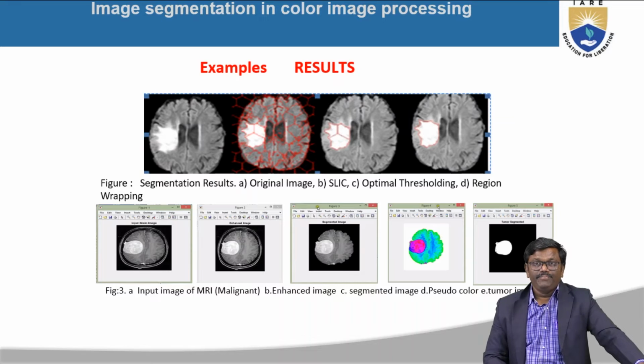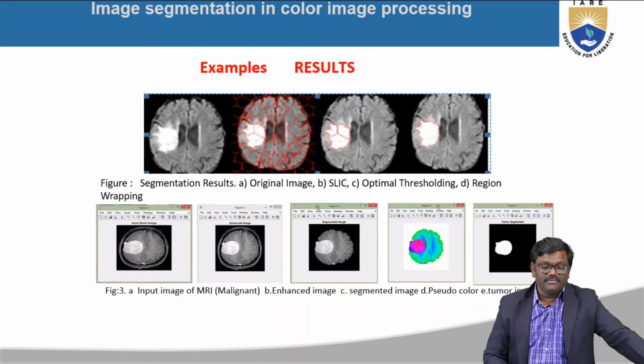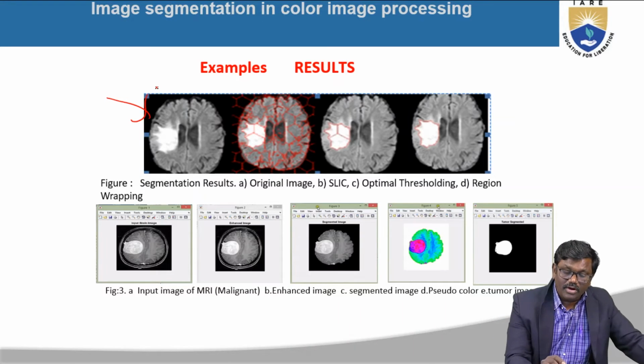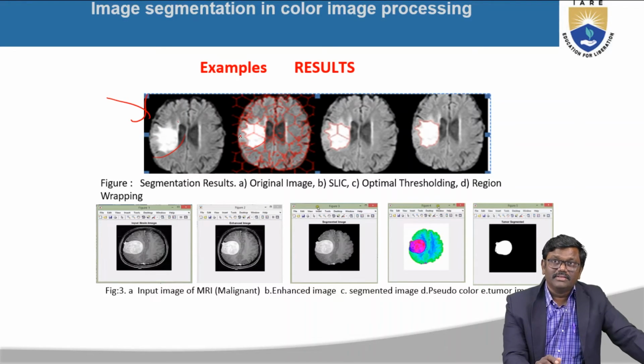So if you are using segmentation, how is that segmentation applied? Here it is a brain tumor image. We are taking an MRI image, and you are concentrating on the tumor part. How that tumor part is affected, you check one by one with the remaining parts.